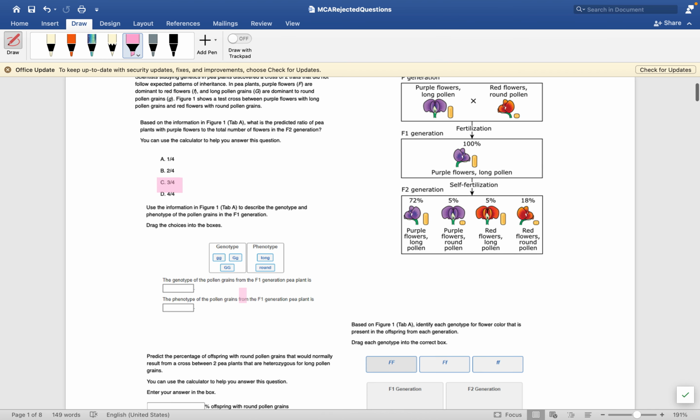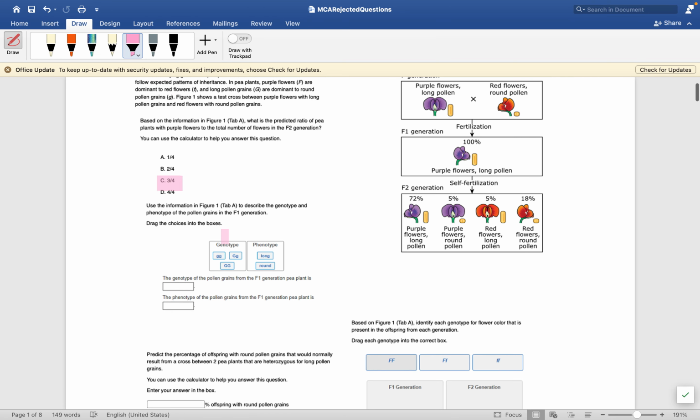Using the information in Figure 1, describe the genotype and phenotype of the pollen grains. We're supposed to drag, but we are going to write. So, genotype of pollen grains from the F1 generation pea plant. Well, this is F1, and you can see that we started with homozygous dominant and homozygous recessive. So all of these are hybrids. So this is our big G, little g.